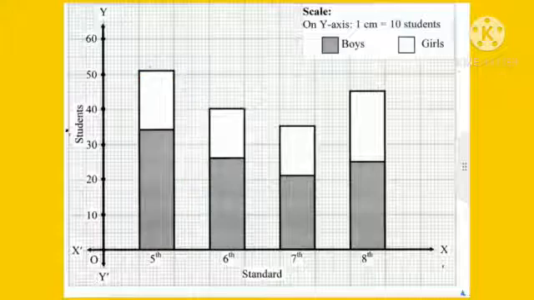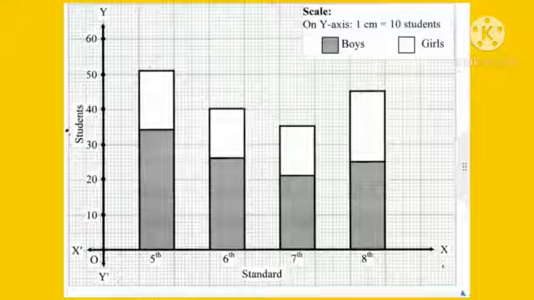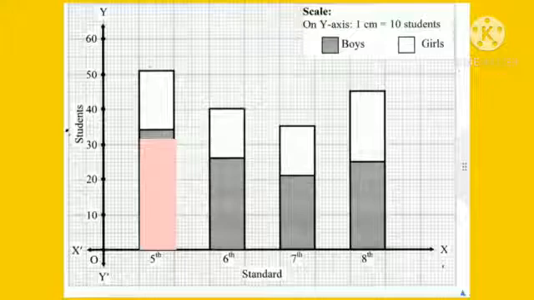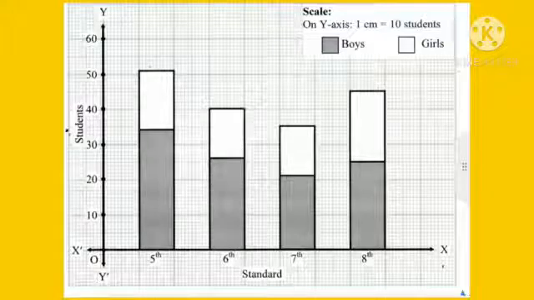Then, we will see the number of boys in standard 5th. As the number of boys in standard 5th is 34, we will draw a marking till 34, and that much part we will shade with the pencil. Then we will see the total number of students in standard 6th, which is 40.